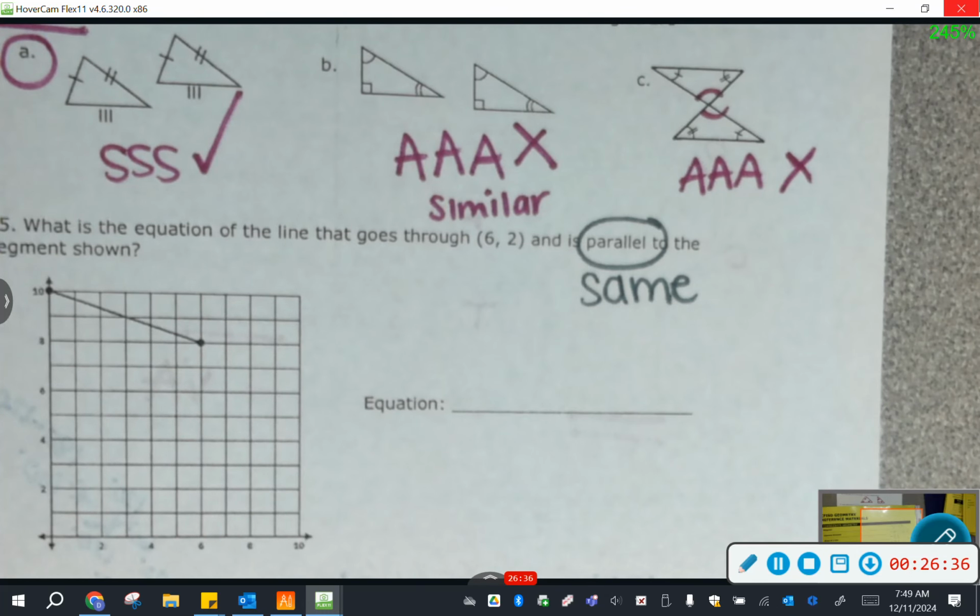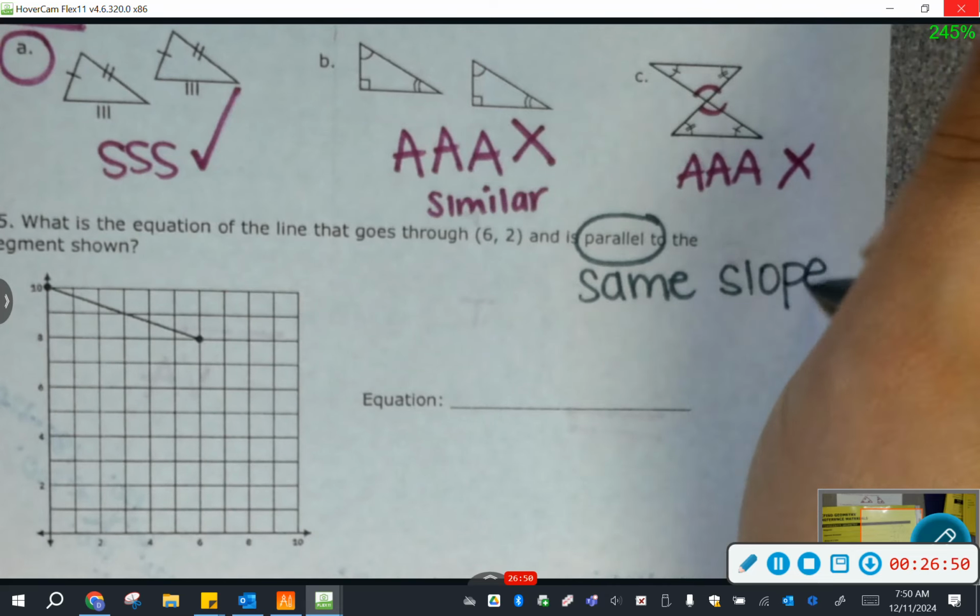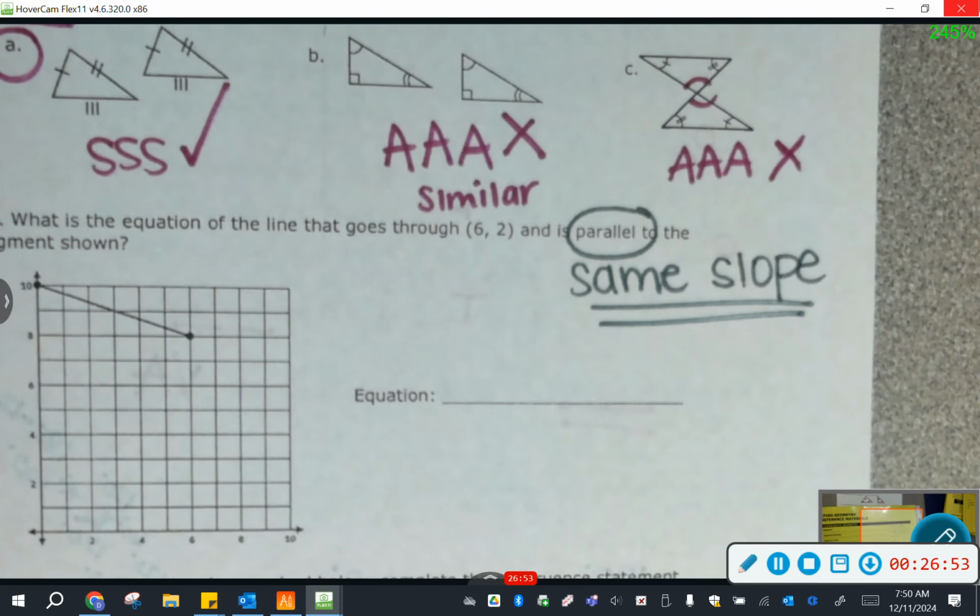Rise over run. What is that word? Slope, that's the word. Tomorrow, you are going to have to choose a graph that has the same slope. If you see the word parallel, lines have the same slope.